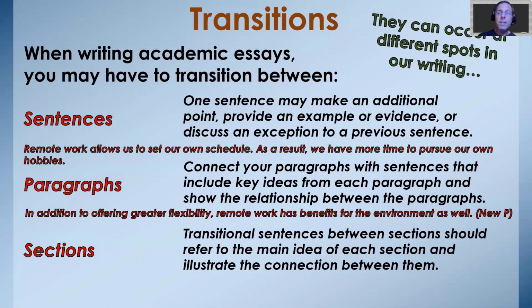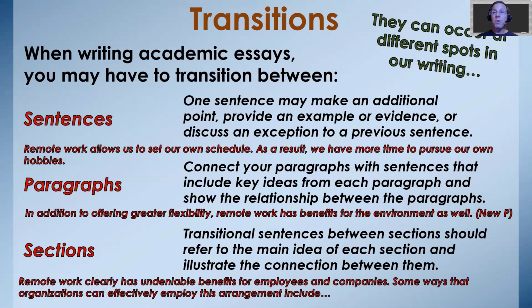And finally, we're not going to be talking about this in this class, but when you create larger academic writing works, you're going to have to transition between different sections. For example, if you were creating a research paper where you're talking first about the benefits of remote work, and then you want to begin a new section where you talk about how businesses can implement remote work at their organization, you might use two sentences like this.